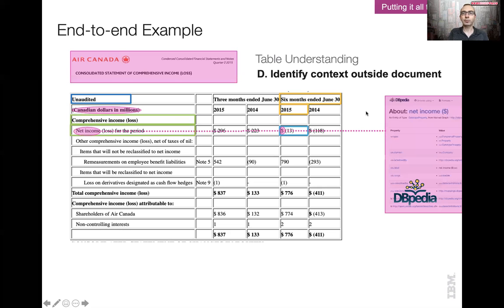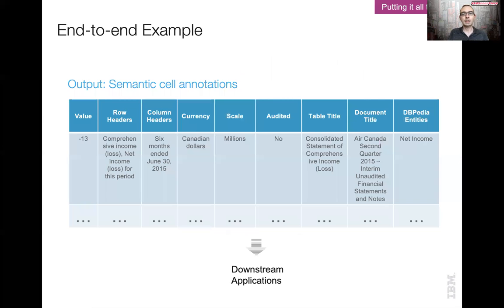And finally, information that may appear even outside the document, such as external knowledge bases. The output of this process can be thought of as a set of all these semantic cell annotations.